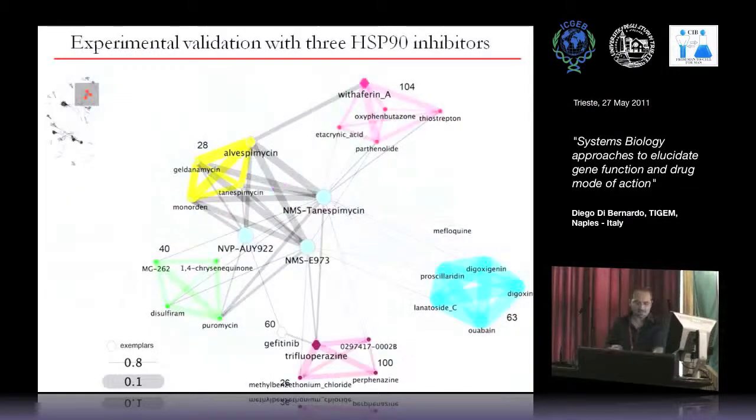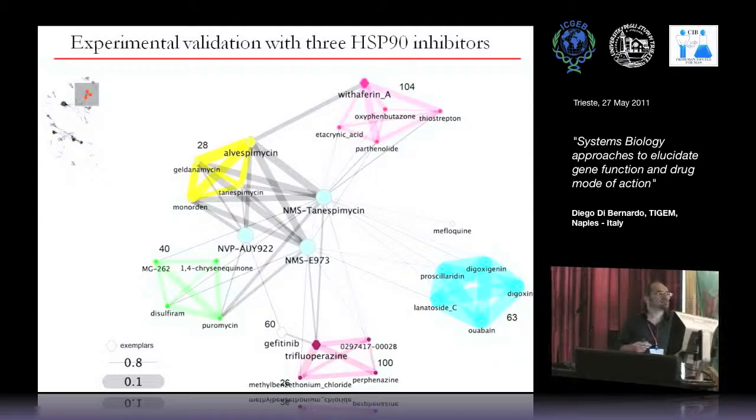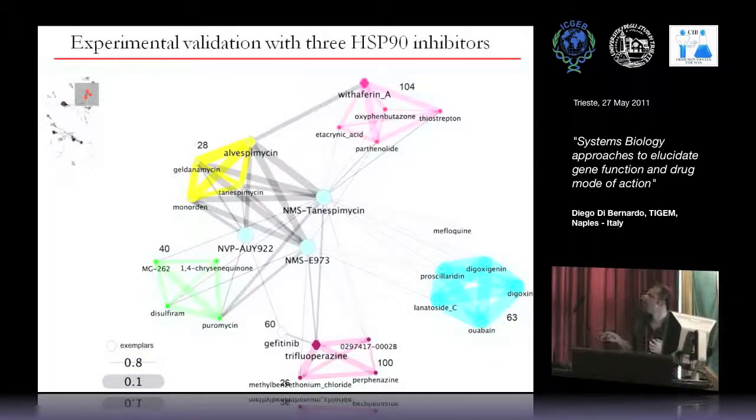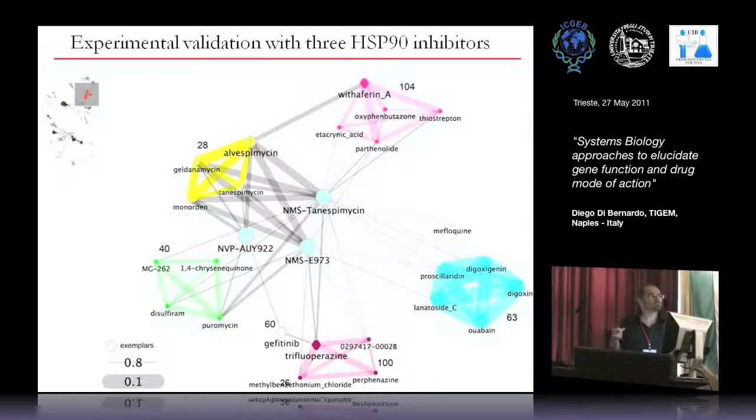Then we asked, can we use this network to predict the mode of action of a molecule? So if now you have a new molecule, and we did this in collaboration with Antonella Isacchi from Nerviano Medical Sciences, they were developing anti-tumorigenic compounds, and so what they did was to treat different cell lines with their compounds.